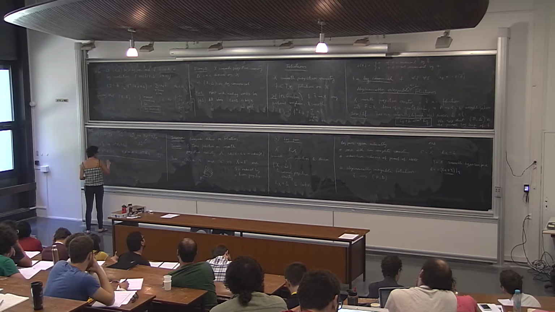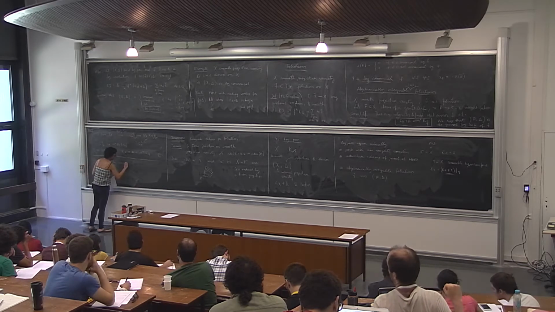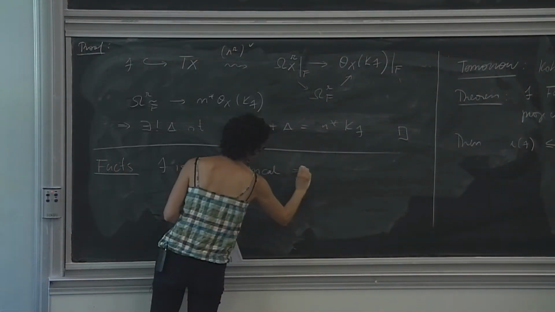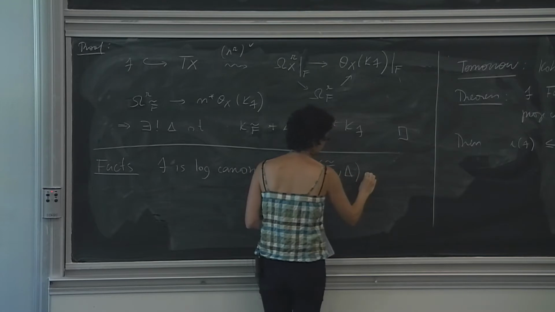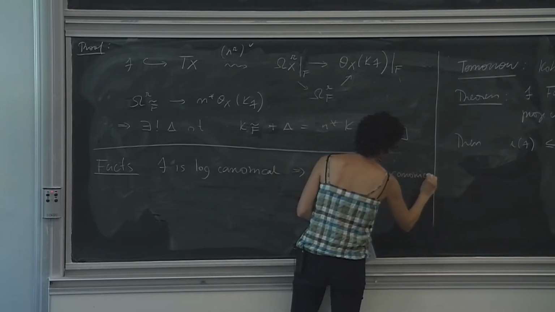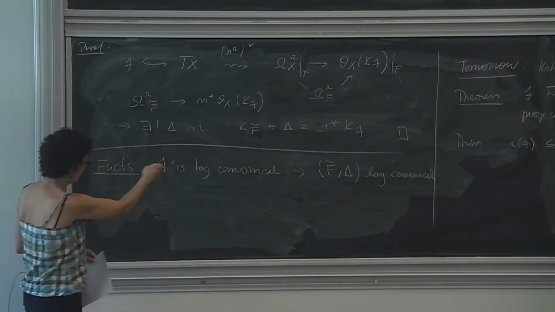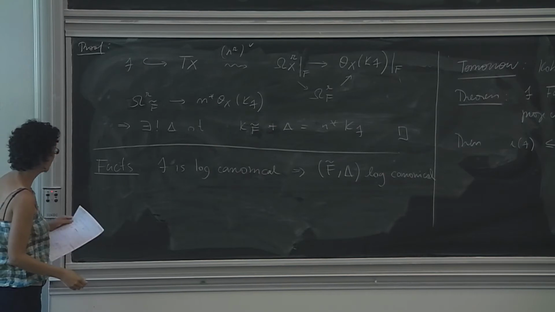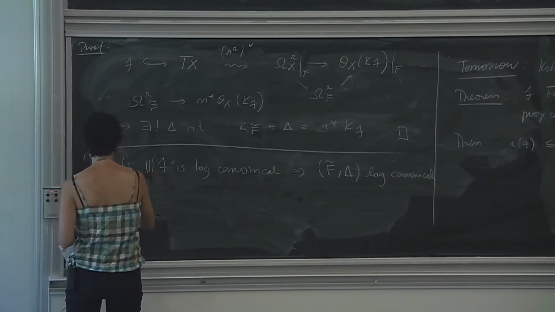So if F is log canonical in the sense of McQuillan, then the general log leaf is log canonical, in the sense of log pairs. So this is the first fact. This is not difficult to check.